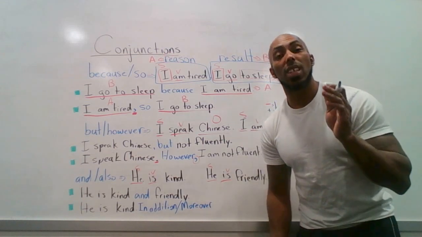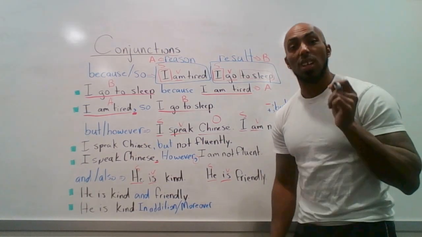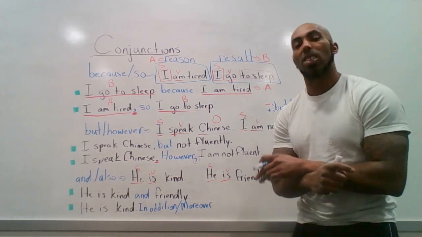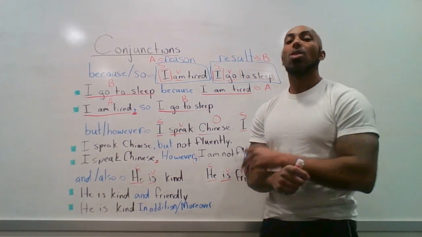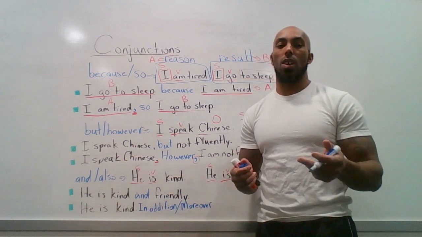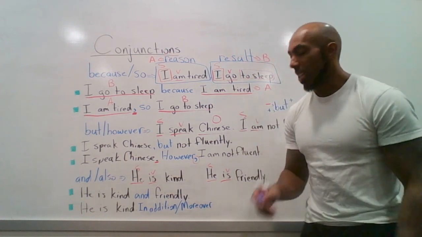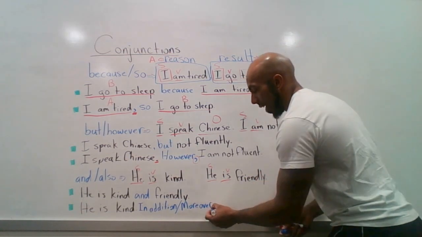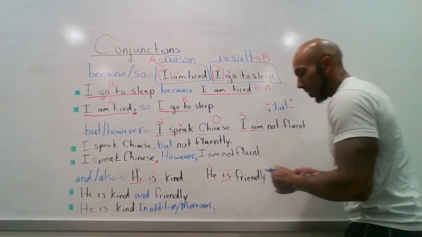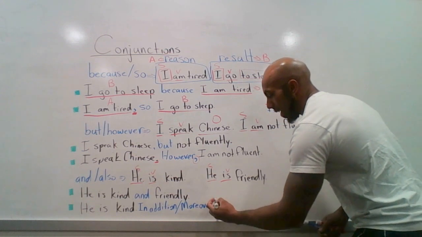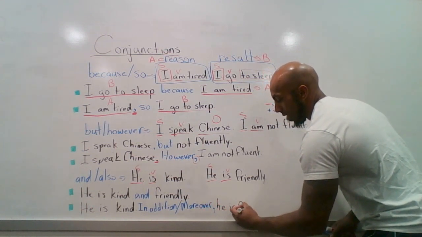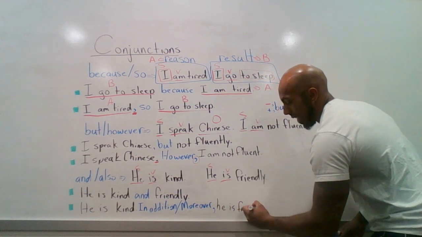But the difference is that I can start a sentence with in addition and moreover. I cannot start a sentence with and, okay? You can start a sentence with also as well, but it sounds better if you use something like in addition or moreover, okay? And comma, he is friendly.